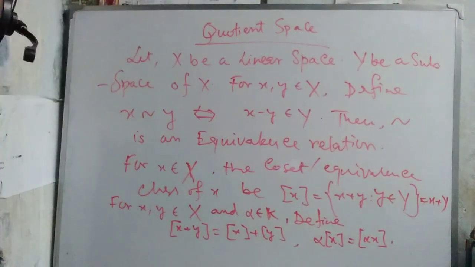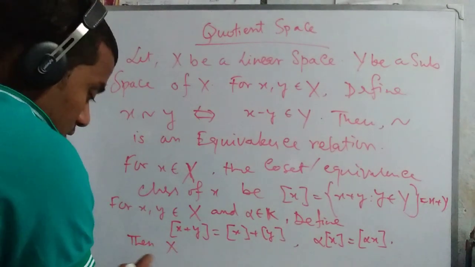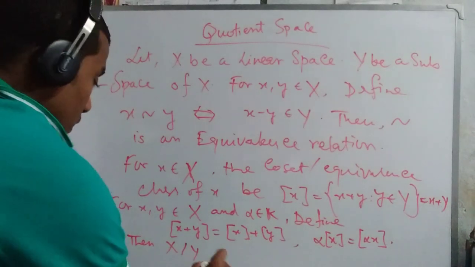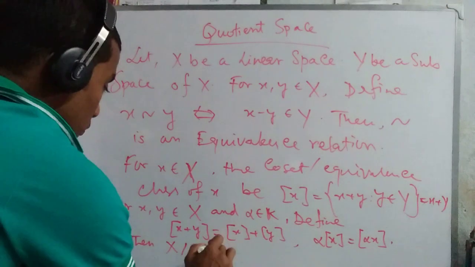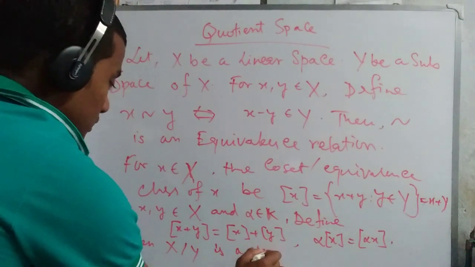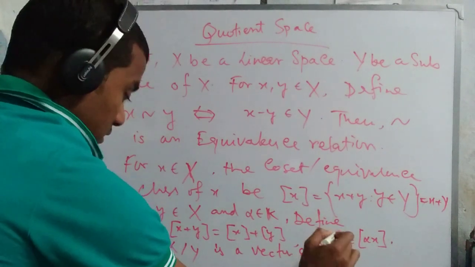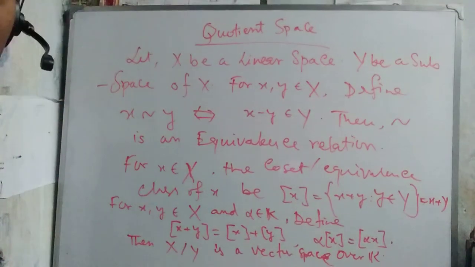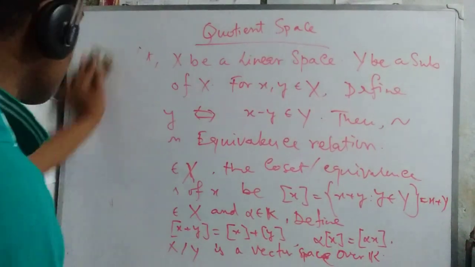Then X quotient Y, and this symbol is needed, X quotient Y is a vector space over some field K. Okay, I understand. Now we erase that portion and go to further discussion of that.